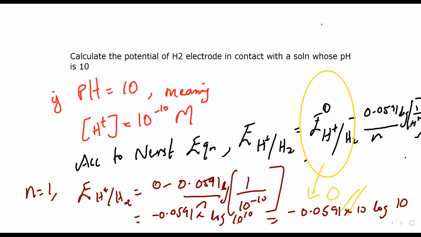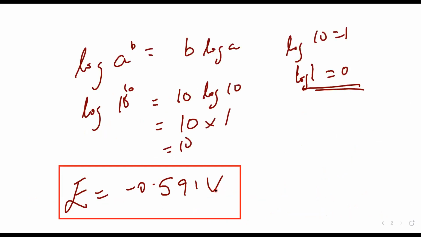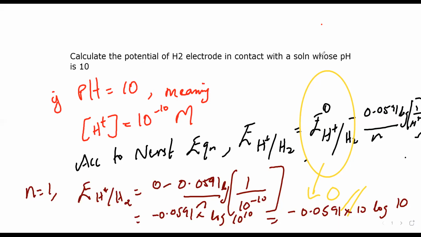Log of a power b is b log a. So here it is 10 log 10. Log 10 value is 1. So this is 10 into minus 0.0591, which is minus 0.591. That's it. This hardly needs 20 seconds to answer. So done.